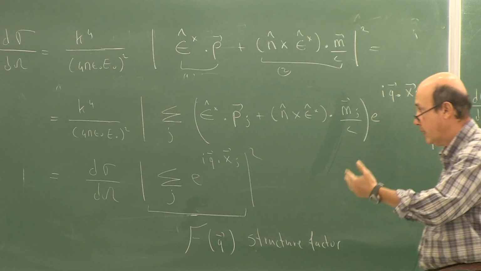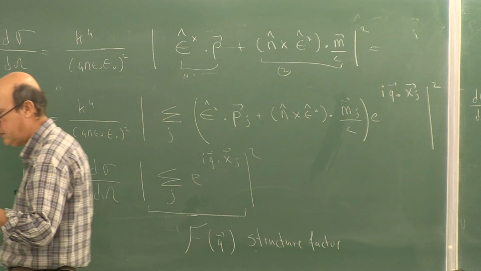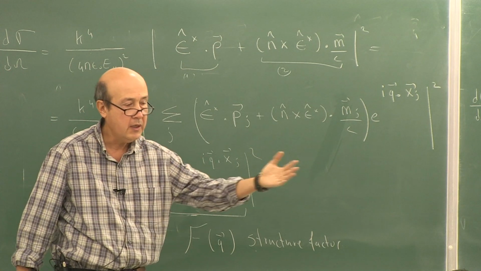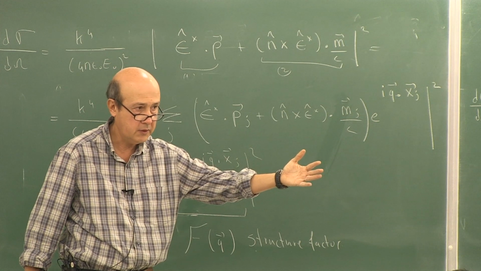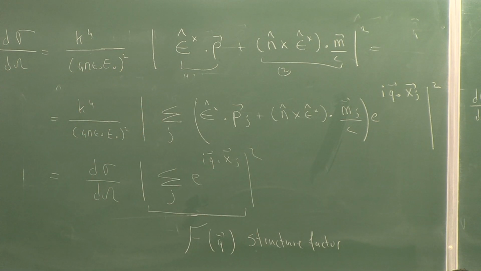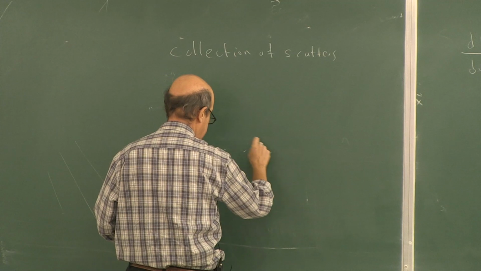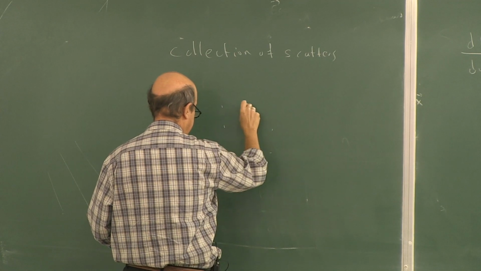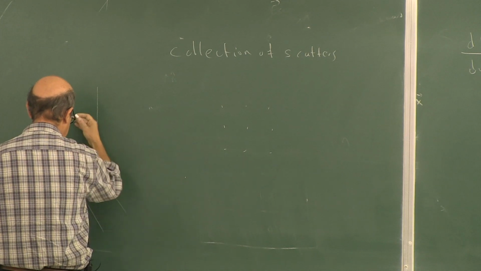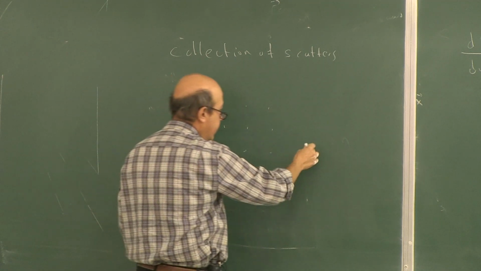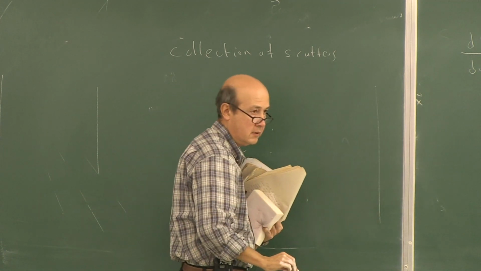and if the incoming wavelength is long relative to the lattice spacing, there won't be scattering. It will pass through. So basically, if you have a uniform structure and the wavelengths are very long relative to that, it will pass through.